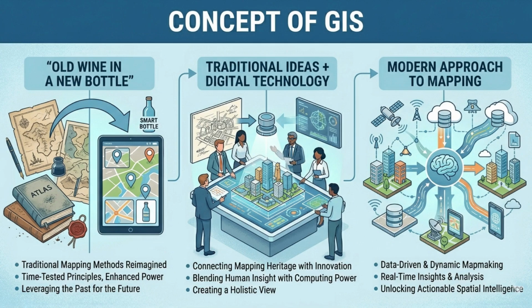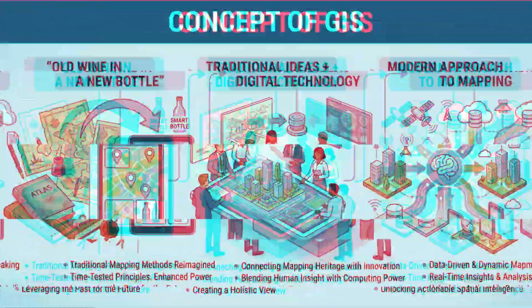Interestingly, the ideas behind GIS are not completely new. They are based on traditional concepts that have been improved using modern digital technology. That's why GIS is often described as old wine in a new bottle, meaning the basic ideas are old, but the way we use them today is modern and more advanced.